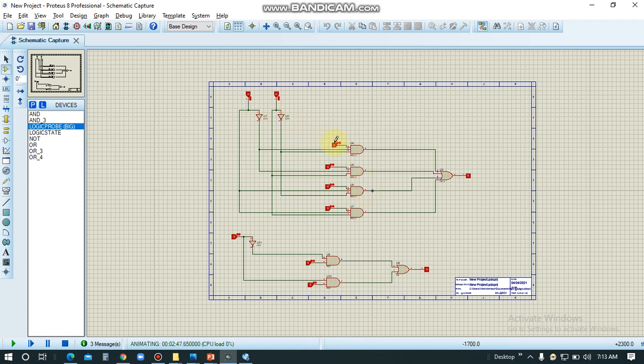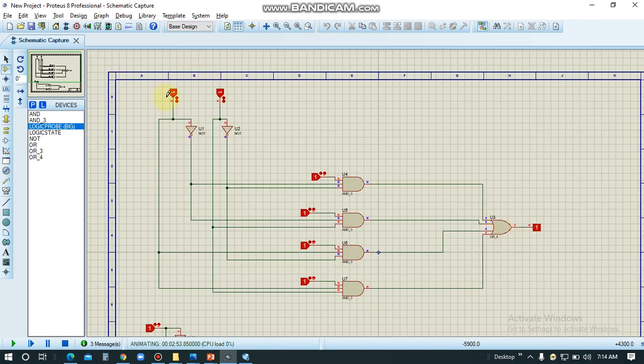I've already given high inputs here to the AND gates, and now we will see that if the selection lines are 0 0, then we have a display in the output, but which one of the 4 inputs is displayed in the output will be decided by the selection lines.